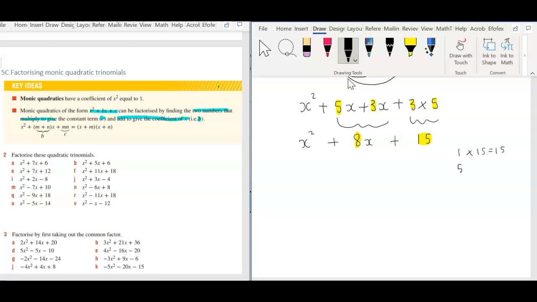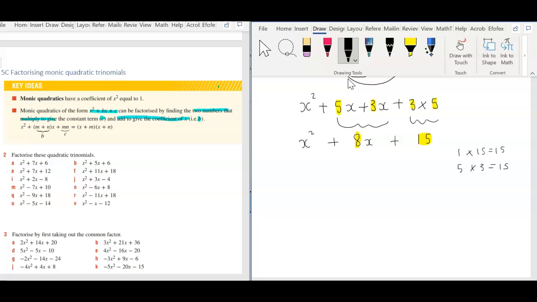We can have 5 and 3, that gives you 15. And no other factor pairs. We're only looking at integers, so whole numbers, and obviously you can have negatives as well. Because it is positive 15, they would both have to be negative, but because I'm dealing with positive 8, I know that my numbers have to be positive.